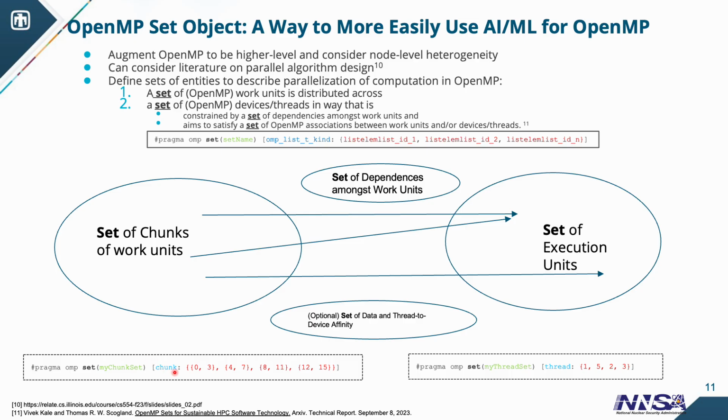And you can also define a set of threads or execution units as shown here. In addition, you can define associations between these two sets. For example, a schedule that you want to define yourself. And this can be in the form of a user-defined schedule.